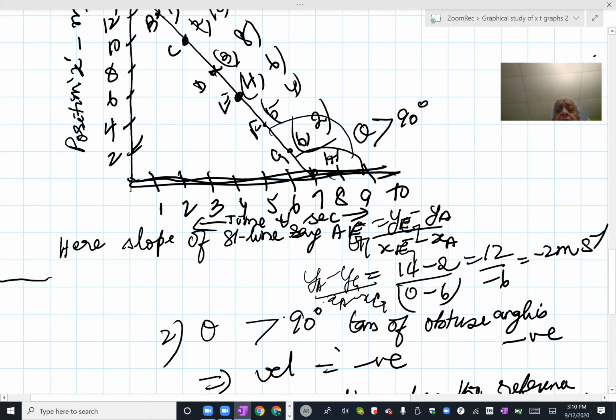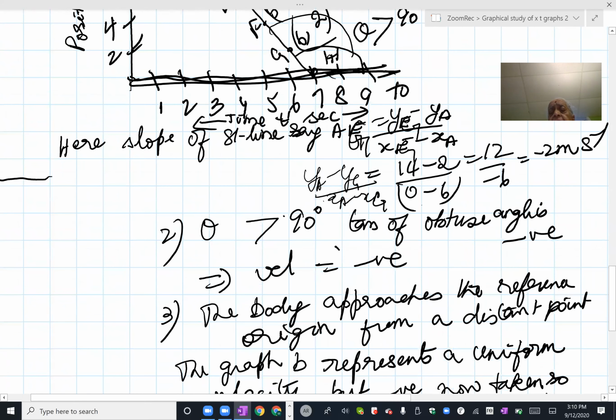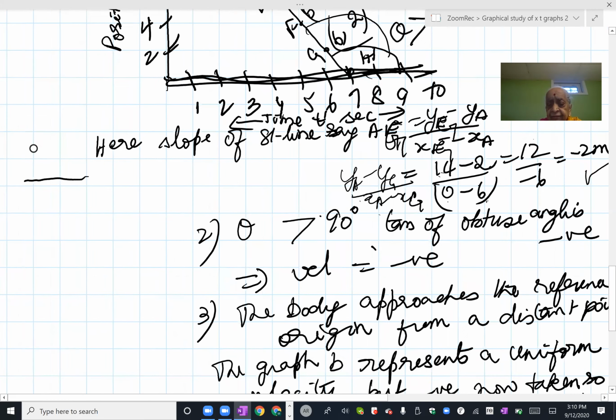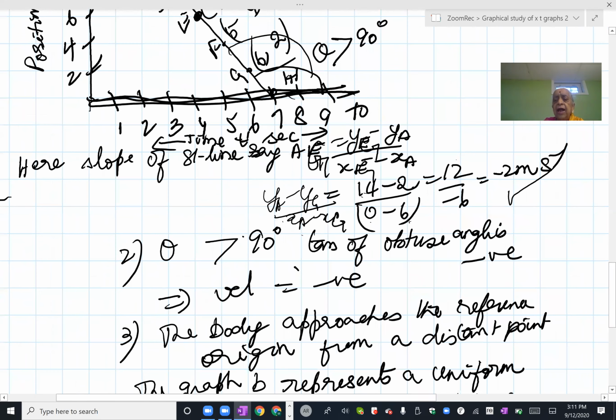The X coordinate of A is 0, and the X coordinate of G is 6. So it will be 14 minus 2 by 0 minus 6, 12 by minus 6, which will be minus 2 meter per second. So the negative value shows that the body is approaching the origin from somewhere and the velocity is negative. Theta is greater than 90 and tan of an obtuse angle is negative. That also goes to prove that velocity is negative.